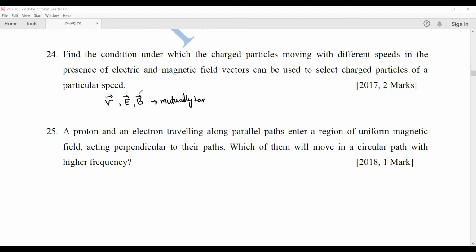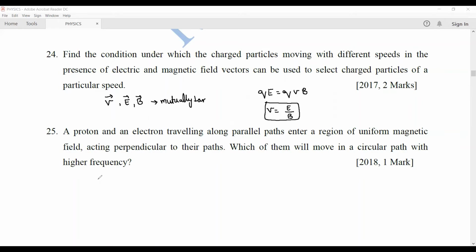That is, it will not experience any net force due to the electric and the magnetic fields. That is only possible when the electrostatic force, which is QE, is equal to the magnetic Lorentz force, which is QVB. So hence, the speed of the charged particle is the ratio of the electric to the magnetic field. Then these electric and magnetic field vectors are said to be the velocity selectors.